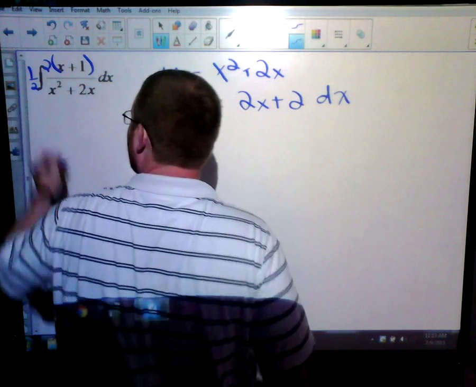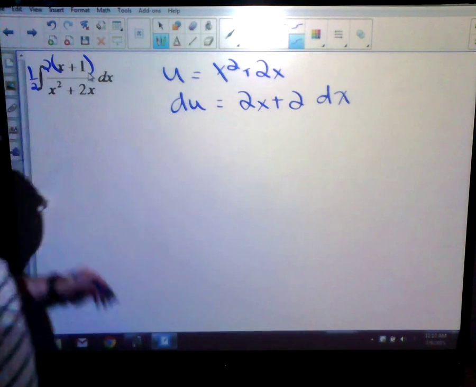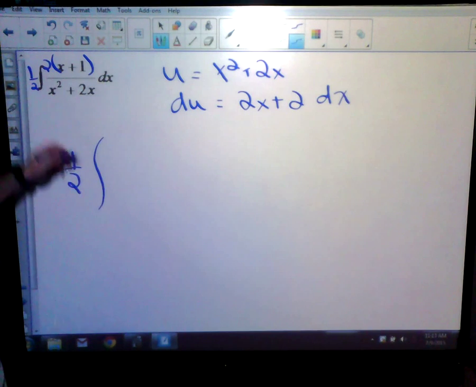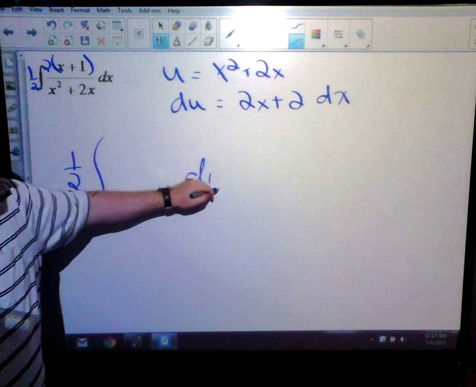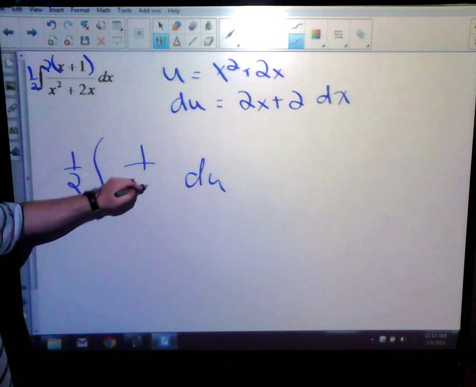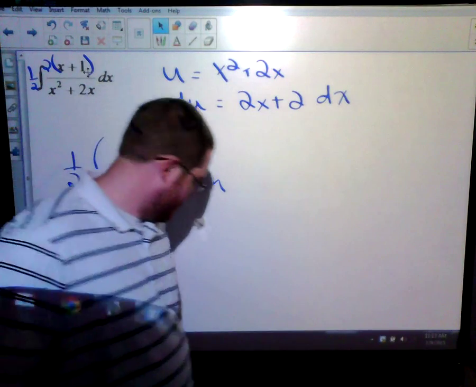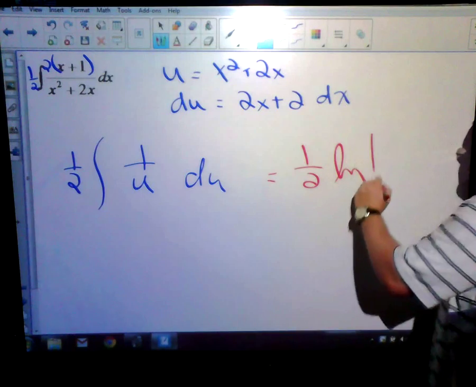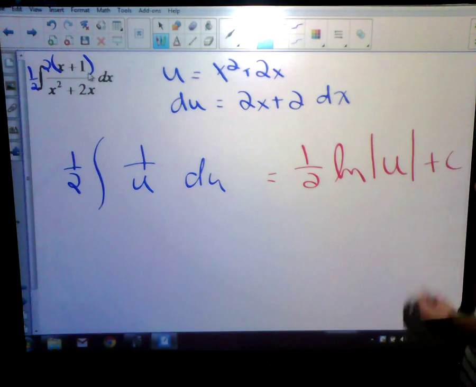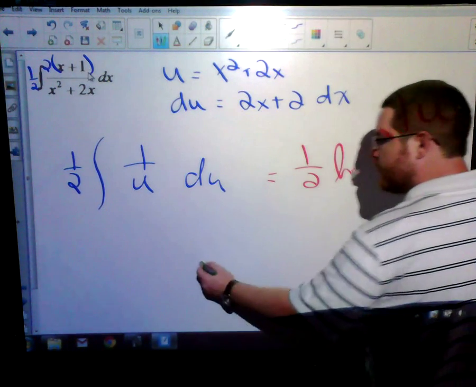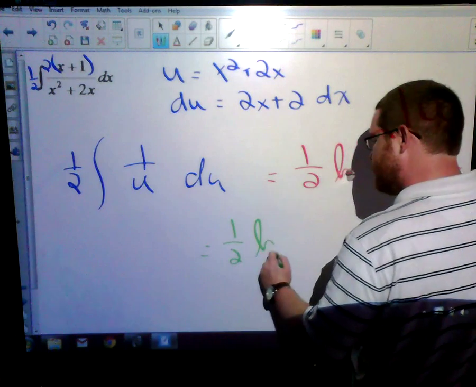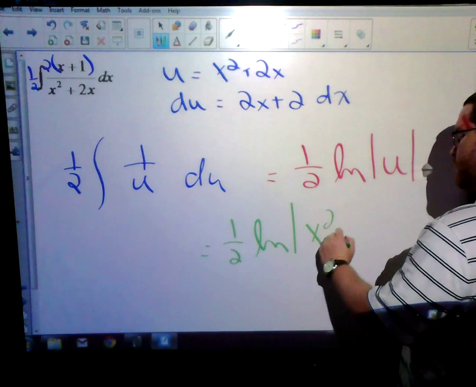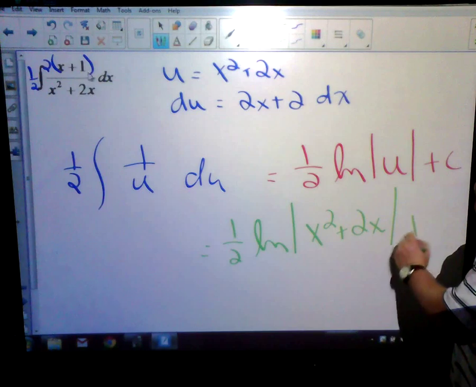Balance it, I get a 1/2. So now my problem is 1/2 times this all becomes du, and that becomes 1 over u. What's the integral of 1 over u? It's natural log, absolute value of u. What's u in this problem? It's the natural log of the absolute value of x squared plus 2x, plus c.